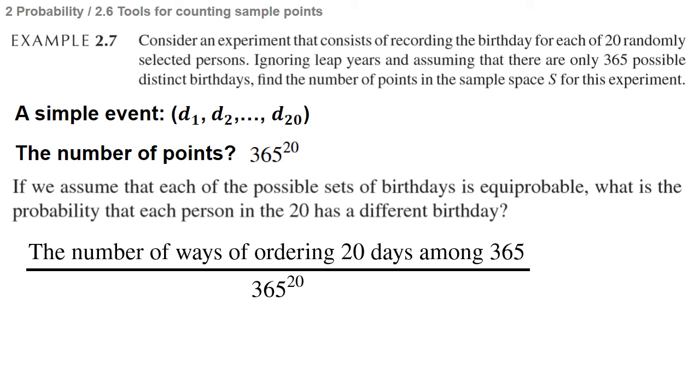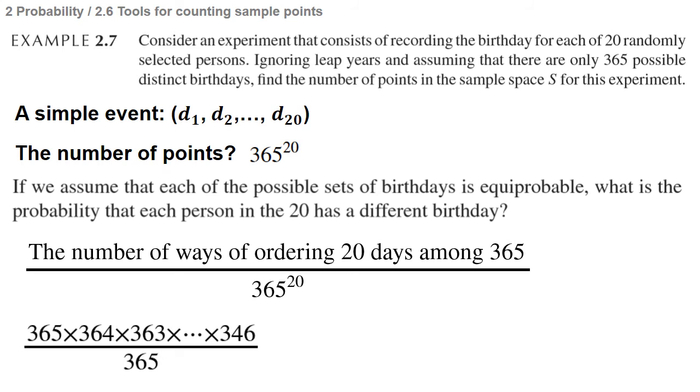And actually, the number of ways of ordering 20 days among 365, if you have learned about probability, you maybe know, but if you don't know, for the first day, we can pick any of 365 days, and for the second day, since you already picked one day, you have 364 days left.